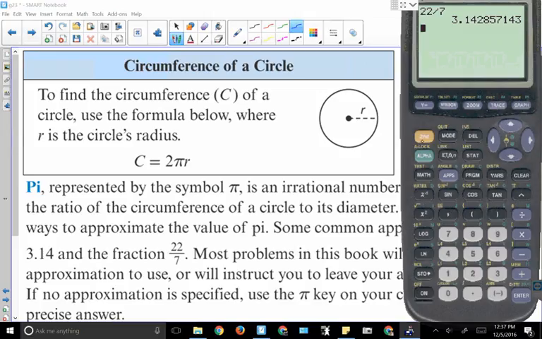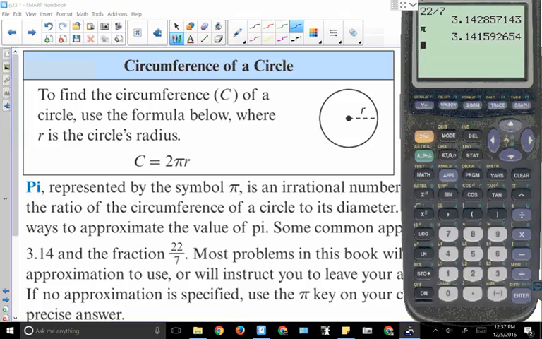If I use the calculator key for pi, and most calculators have it, I get 3.14159. And that's pi calculated out to that many decimal points.